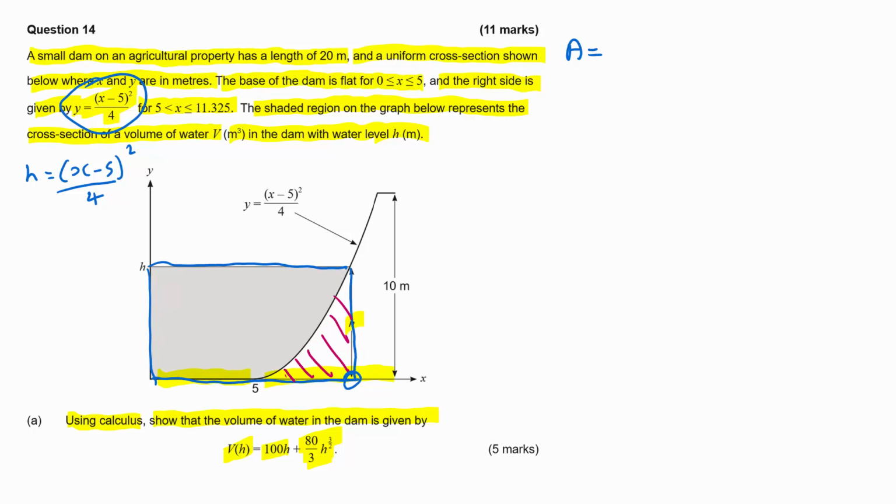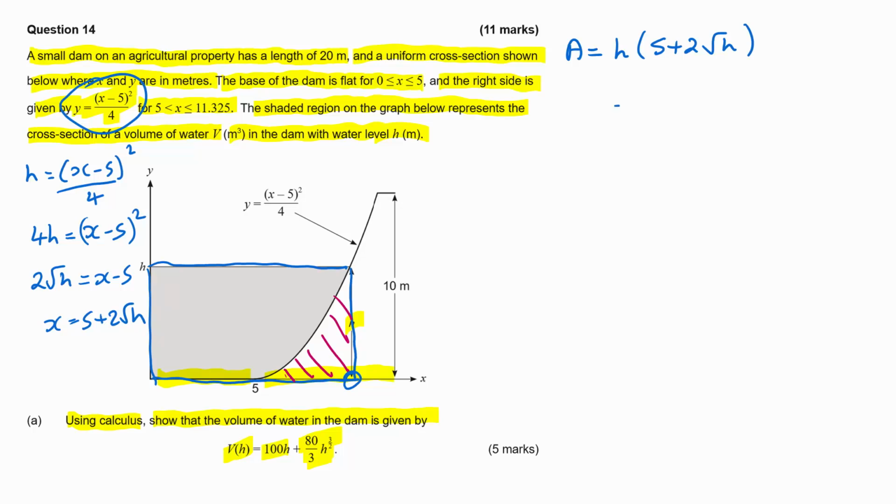Then 4h is equal to (x minus 5) squared, so 2 root h is x minus 5. So x would be 5 plus 2 root h. So my area then is going to be h times 5 plus 2 root h.